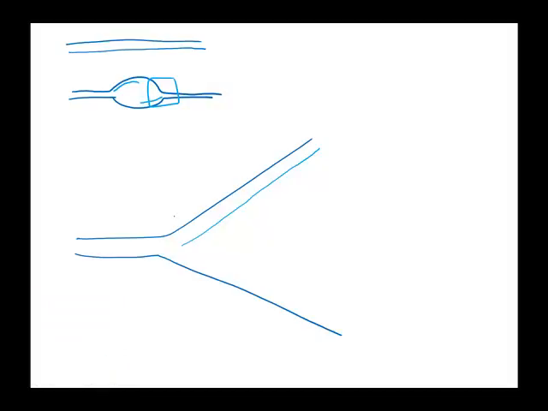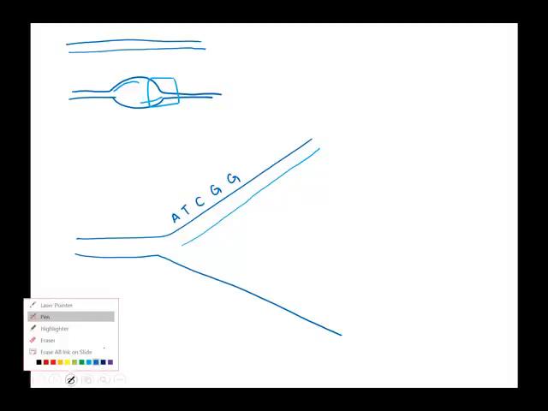So if I see an A up here, T, C, G, G, just as an example, these nucleotides don't have any significance, I just want to show you how they match up. I'm going to put a T on the daughter strand, A, G, C, C. Okay? So far so good.